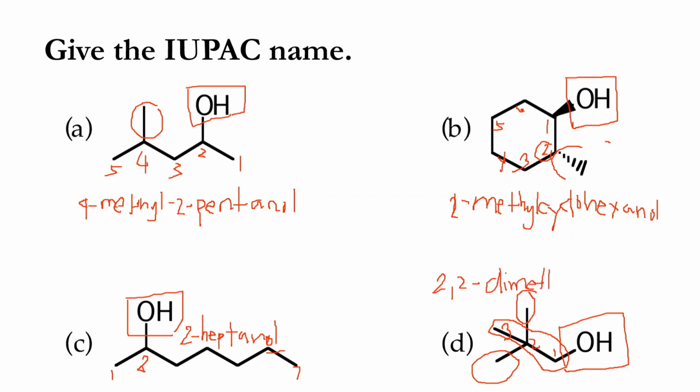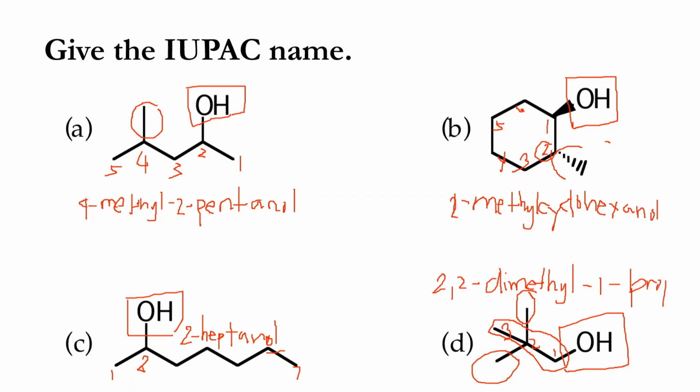Okay, how about the OH? Where is it bonded to? Is it possible to change the position of your alcohol group? Probably. So you can cite here 1, 2, 3, so propane, so propanol.